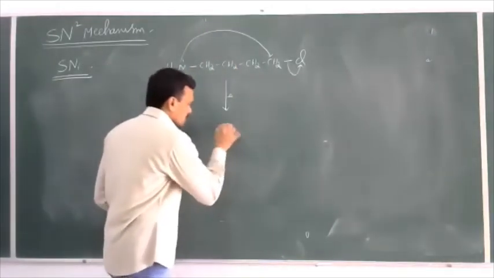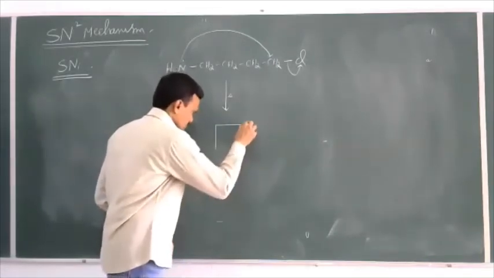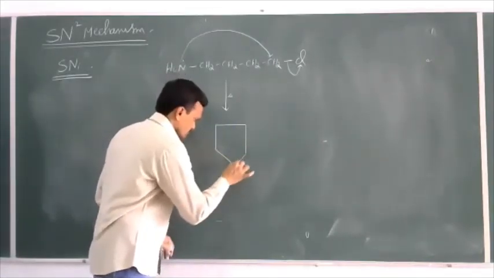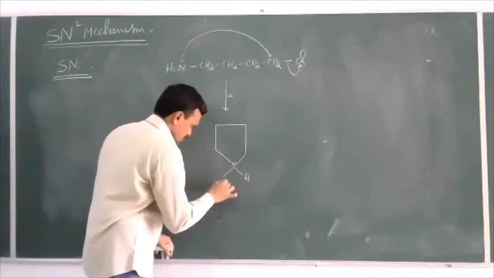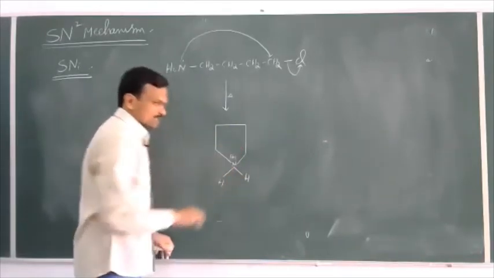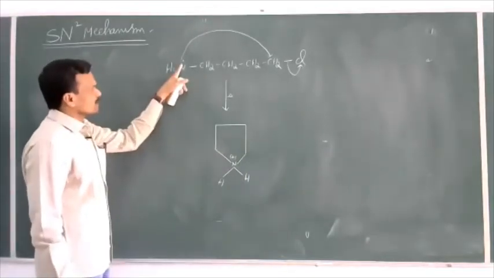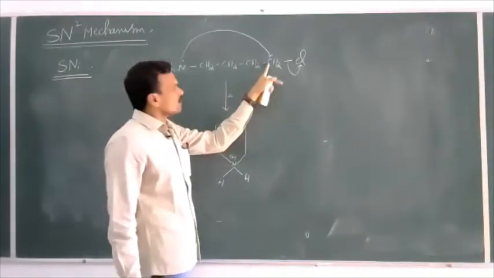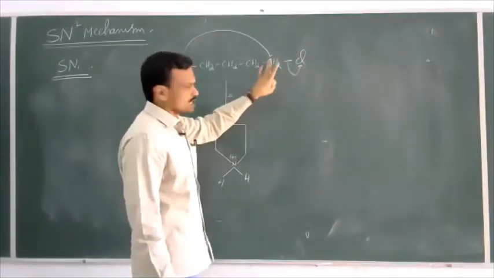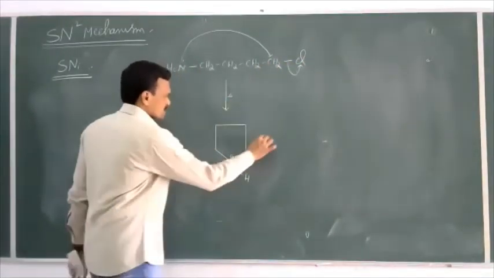Now what is the product formed here is like this. N, H, H becomes plus. By donating its electron pair, this nitrogen becomes N plus. This carbon gains 1 electron pair and loses 1 electron pair. No charge is acquired here. Plus Cl minus.